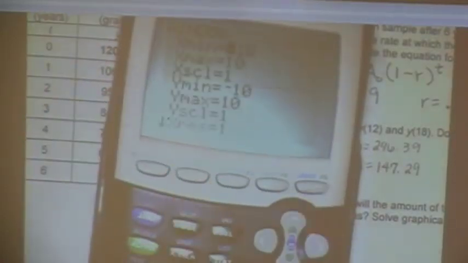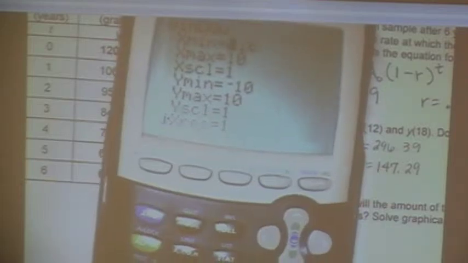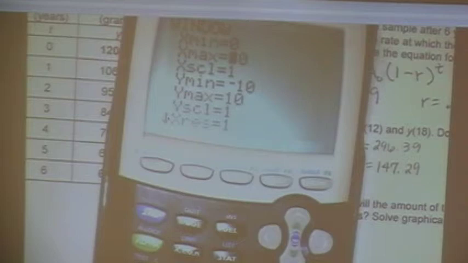So let's hit window. Now, in this problem, what do your x values represent? Years. So do you need any negative? No. Okay, so I'm going to go 0. Probably 10 might be fine, but let's go a little higher. Let's go 20, just because, since I don't have any negatives. I'm going to count by 2's.